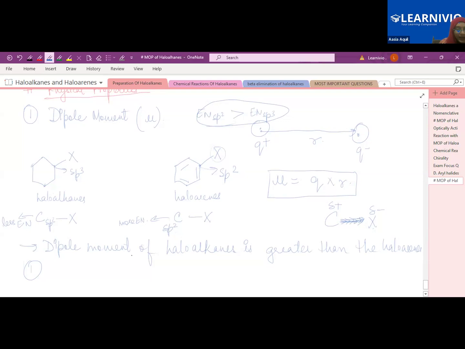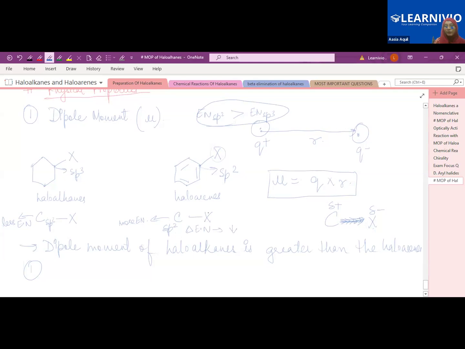Now if this carbon is more electronegative, what happens over here? You know very well the halogen is again an electronegative element, and this sp2 hybridized carbon is more electronegative. Both are electronegative, so the electronegativity difference here will decrease. Why?